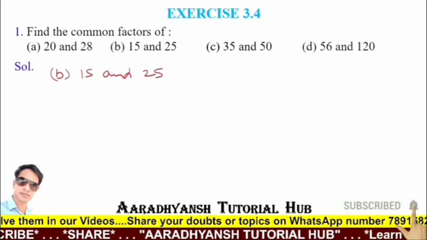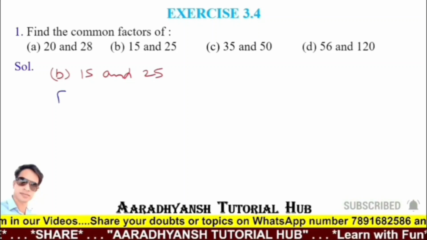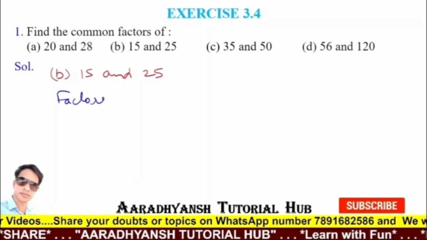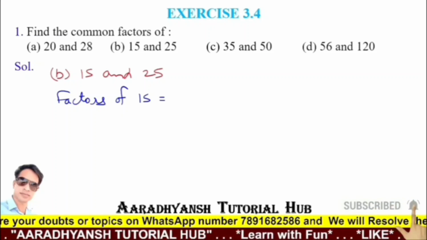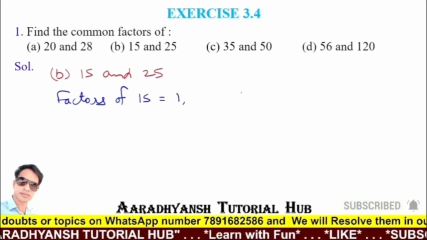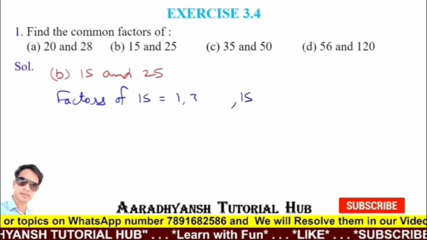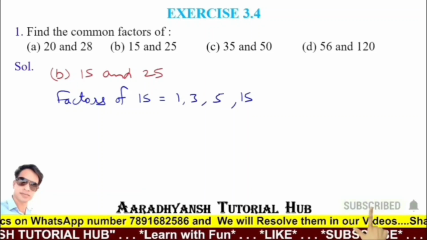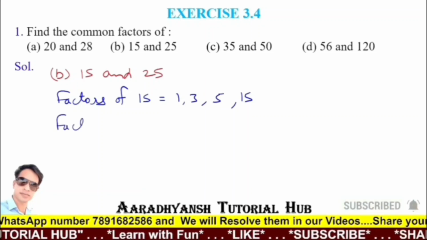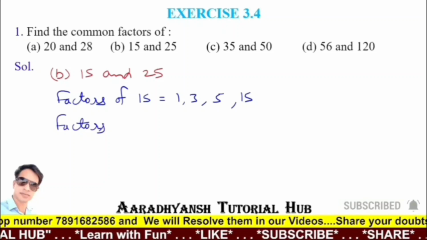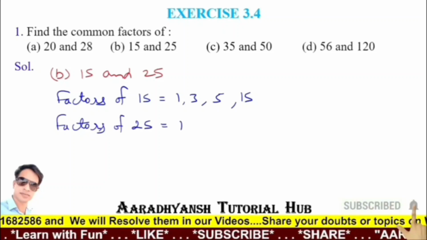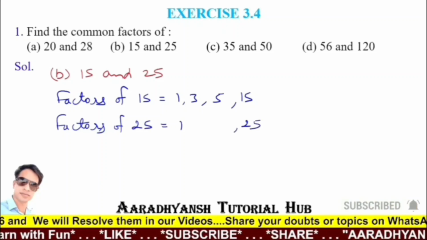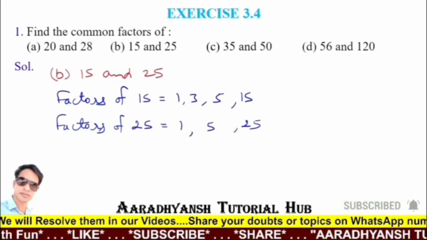Okay. So just find the factors of 15, and these are 1 and 15, 3 and 5. Okay, factors of 25, these are 1 and 25, and next will be 5.